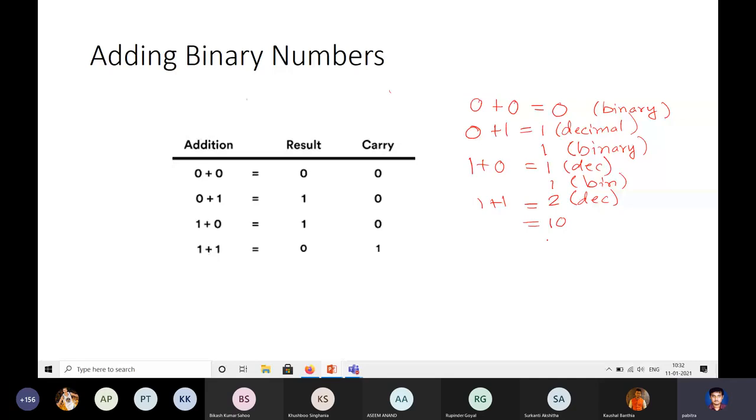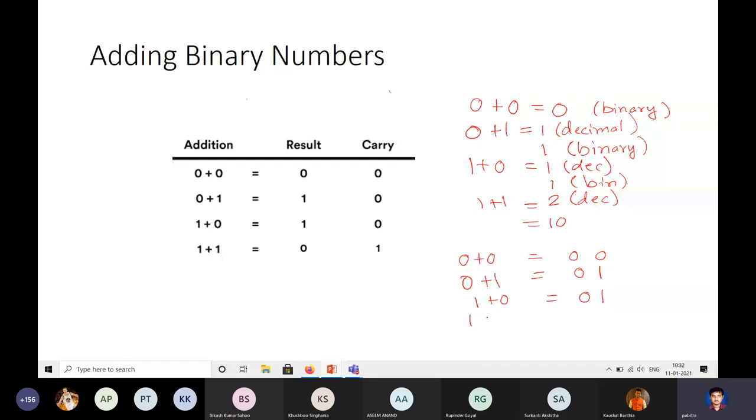So let's make it a convention. Let's represent all these four sums as two-digit binary. So 0 plus 0 in binary is 0 0. 0 plus 1 is 0 1. 1 plus 0 is 0 1. 1 plus 1 is 1 0.